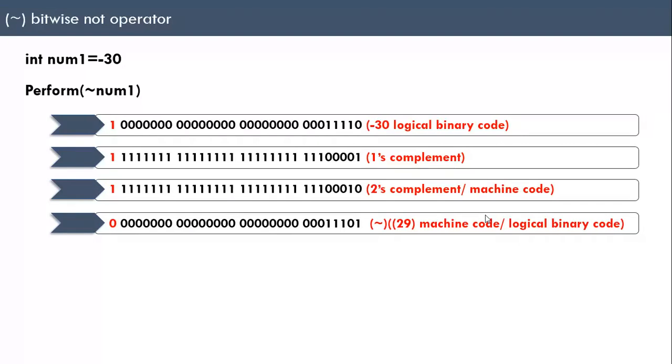So now we can perform the bitwise operator and get the machine code by flipping the bits. Here we are getting 0 on the MSB, which means the logical binary code and machine code are now equal. Hence, we can directly convert it to a decimal number and get the answer as 29.